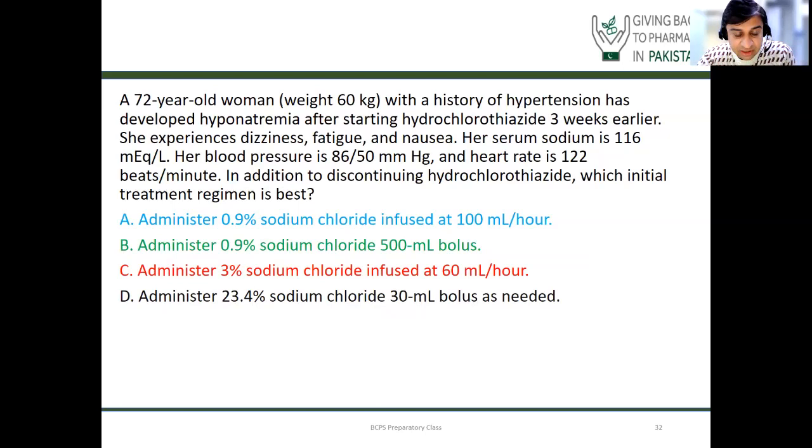Those preparations can cause rapid replacement of sodium, which has its own drastic consequences. So in this case, option B is the right option.